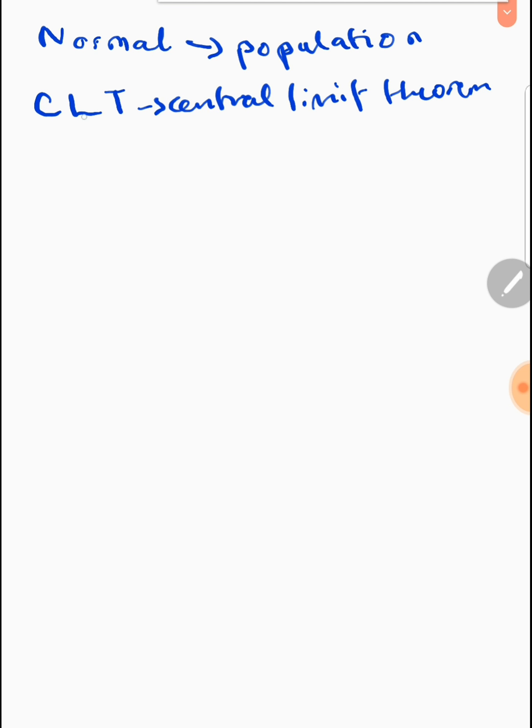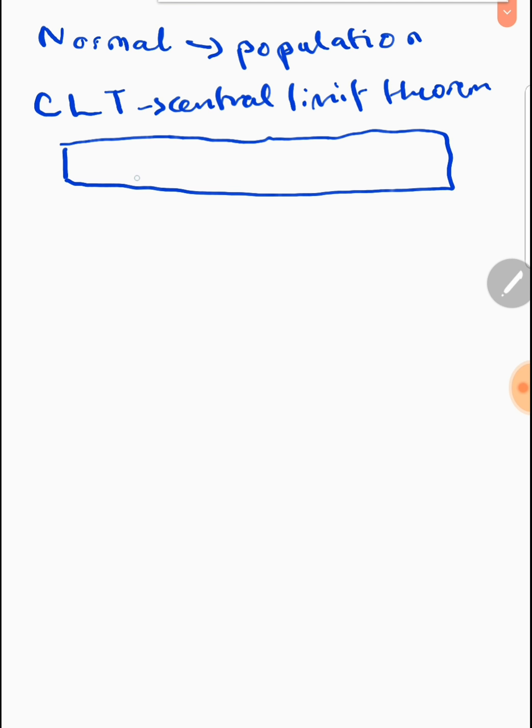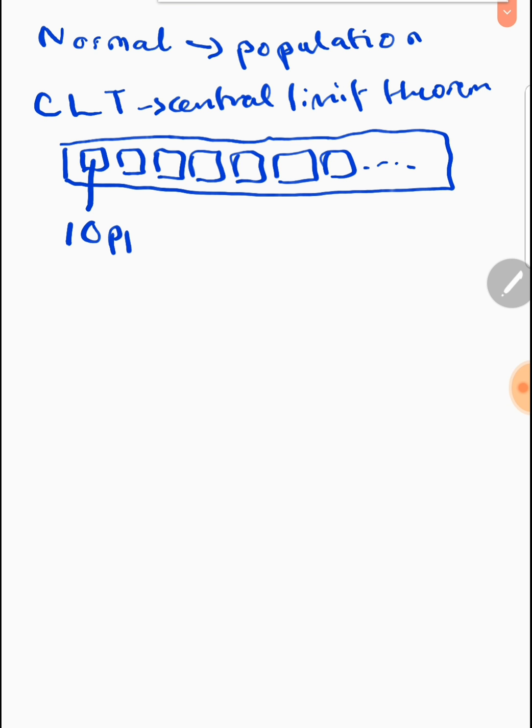So just to bring you back to the normal distribution, imagine now that we have a large office building. In this building we have individual rooms, these are the individual offices, and each of these individual offices has about, say, 10 people.